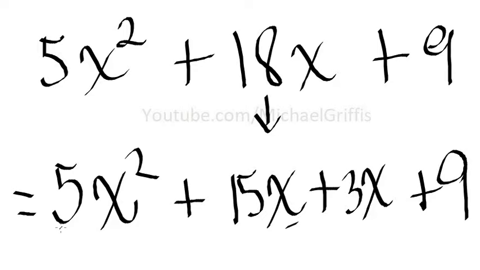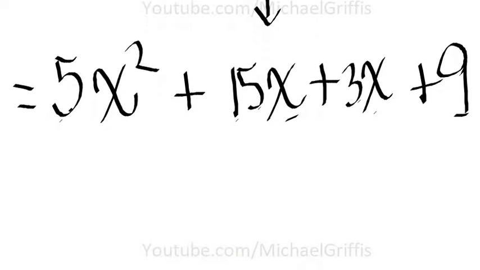We know that 5 goes into 15, and we'll be able to pull that out, and an x. And also we know that 3 goes into 9 3 times. 5 goes into 15 3 times. You see that? 3 goes into 9 3 times. So that's kind of a clue. We're trying to break these things up.